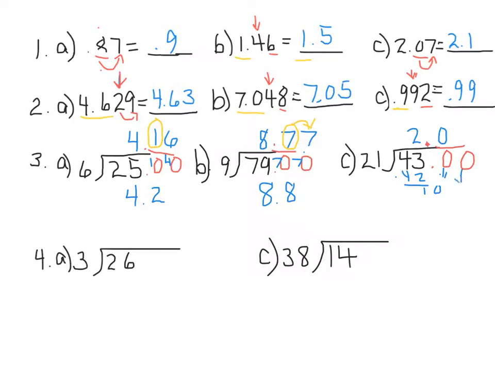So I'm just going to bring down my next annexed 0 so that I have 21 into 100. All right, 21 goes into 100 4 times. 4 times 1 is 4. 4 times 2 is 8. And I have 16 remainder.